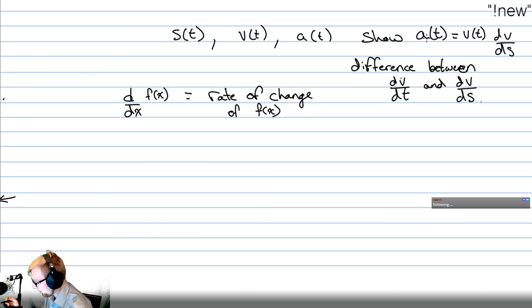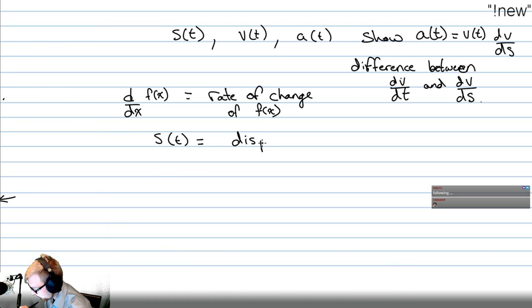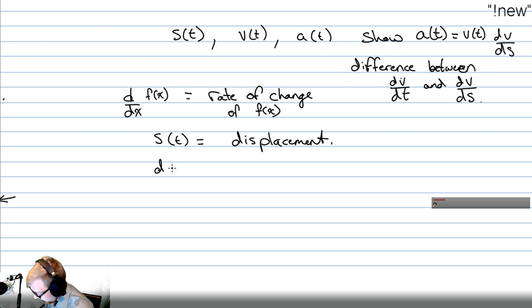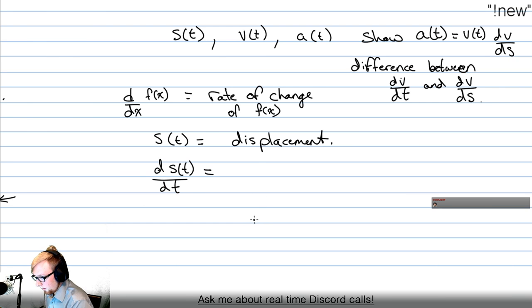So we want to show acceleration, velocity, and displacement and all that stuff. So if s of t is our function, our displacement, then the derivative of s of t with respect to t would be what?